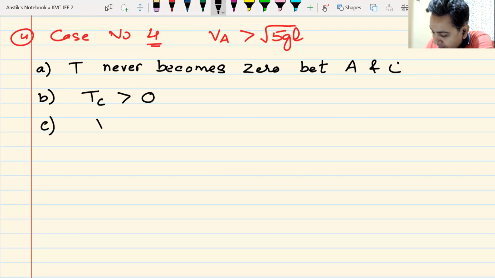What about velocity at point C? It will be greater than? Velocity at point C, not of point C, at point C, will be greater than root over GL.